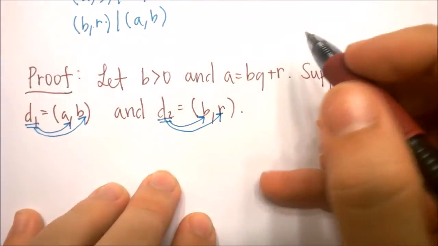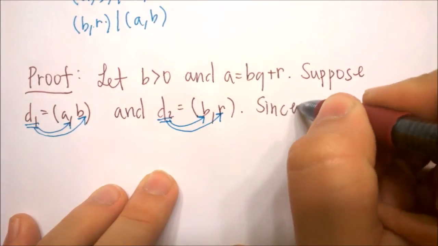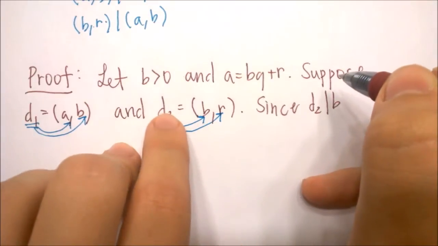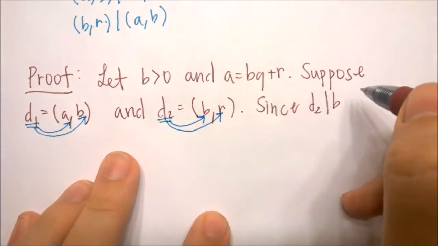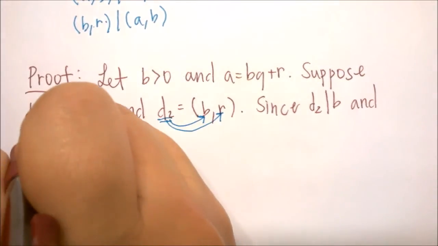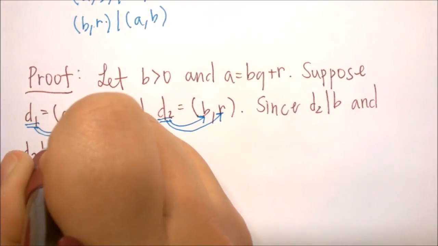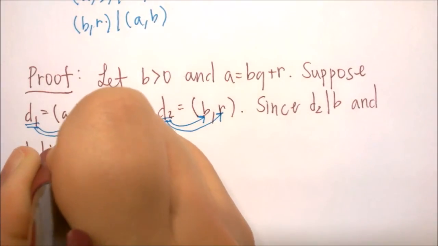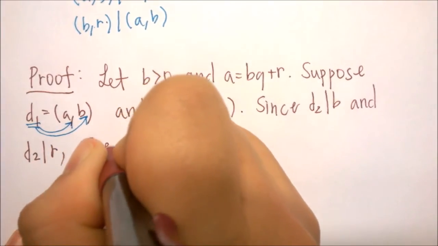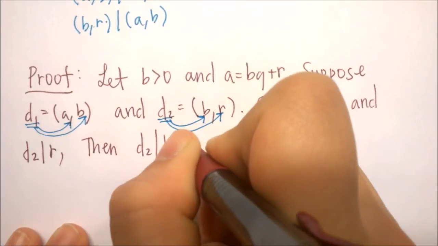So here we're going to say, since D2 divides b and D2 divides r, then D2 divides bq.